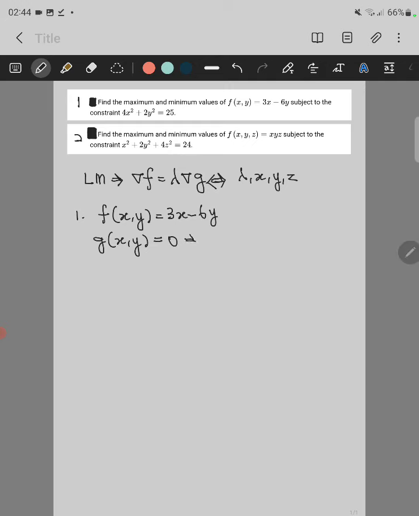From our constraint, we have 4x squared plus 2y squared equals 25.